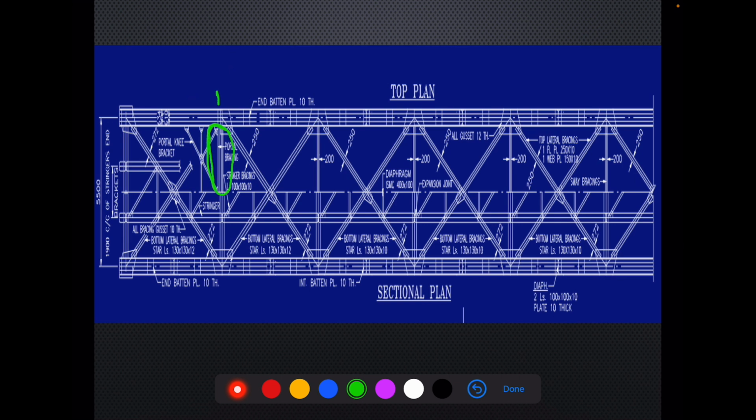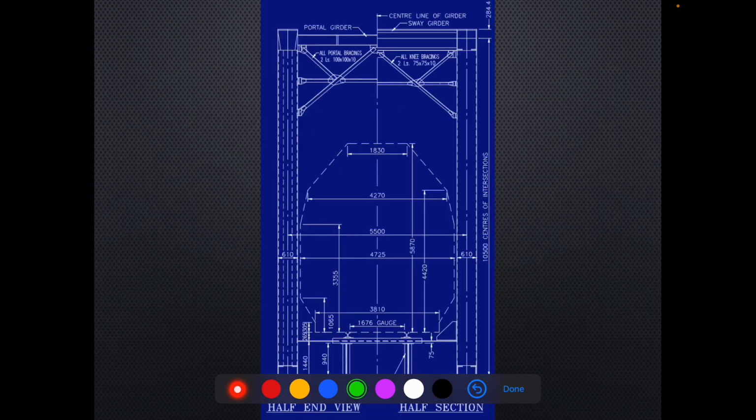The bracings associated with the portal girder are called portal bracings. This is a set of portal bracings. So this is how we are able to read the drawings of an open web girder.